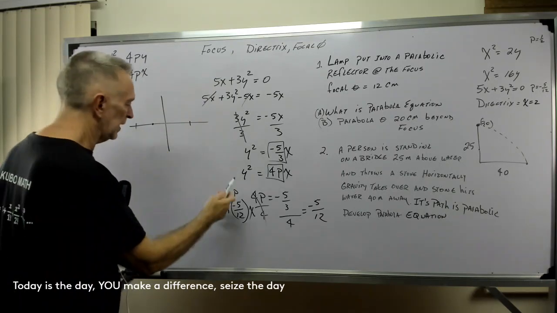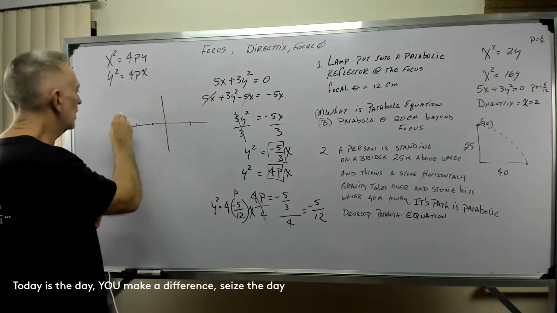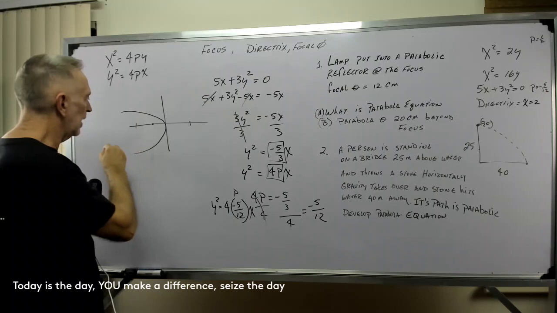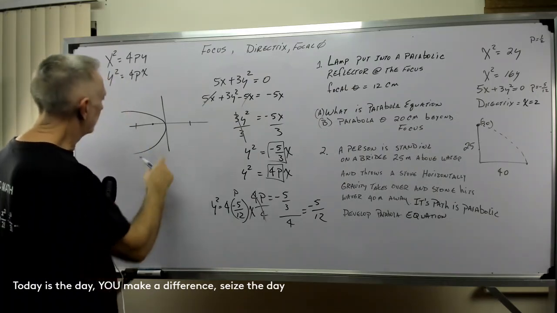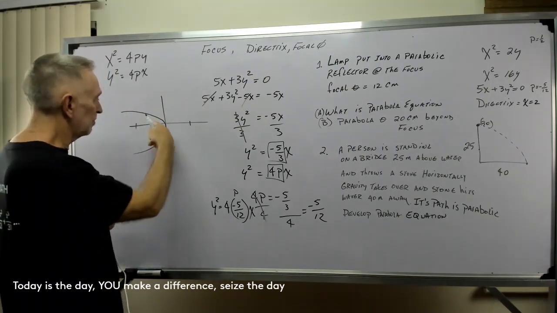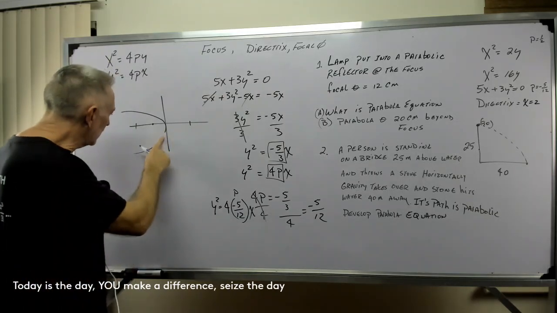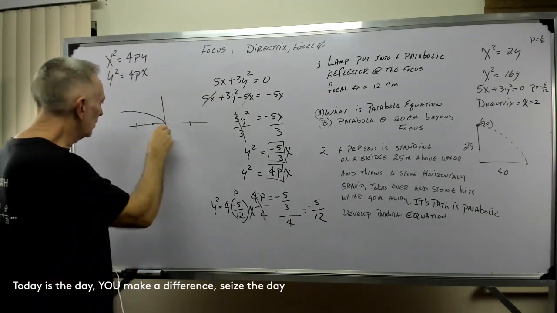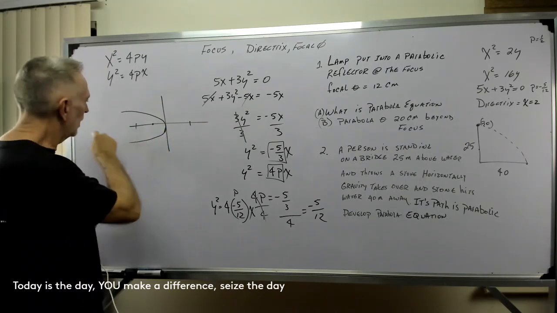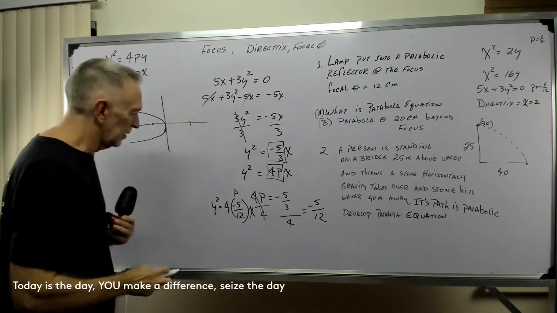Since p is negative on this y squared, I know it opens like that. Just imagine that's symmetric, okay? Actually, let me try to fix that a little bit. That's a little better.